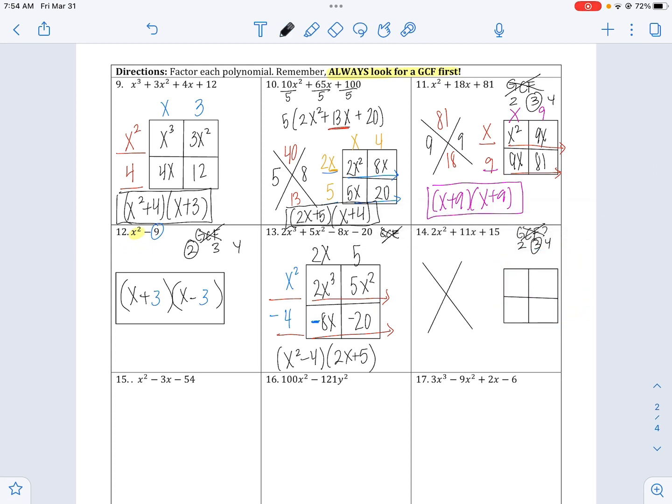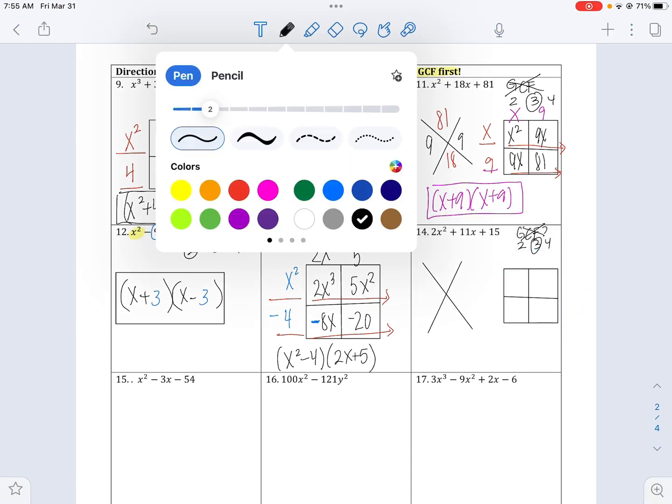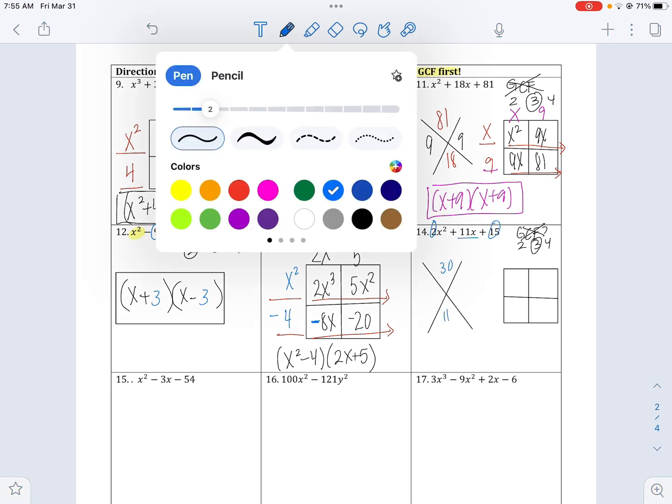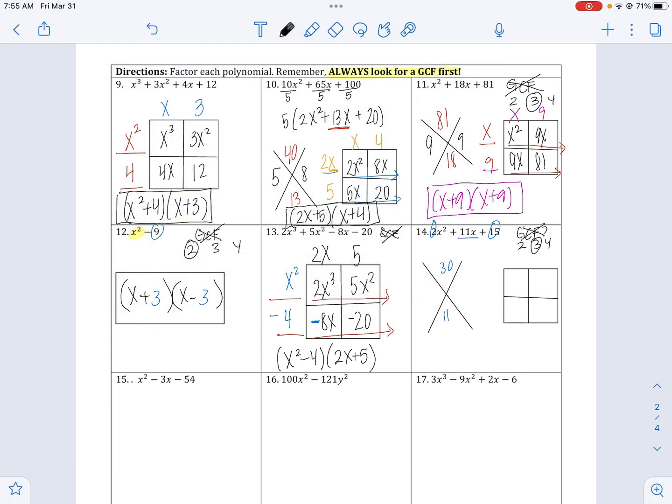Okay. So we're going to go ahead and do A times C. 30, and then 11. Bring it down here. 2 numbers that multiply to 30 and add to 11. Press pause. All right, 6 times 5. That gives you 30, adds up to 11.